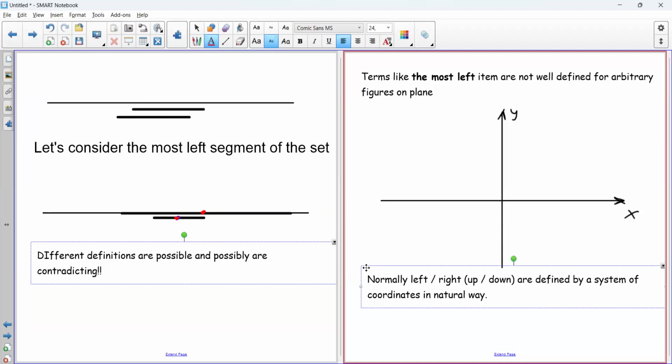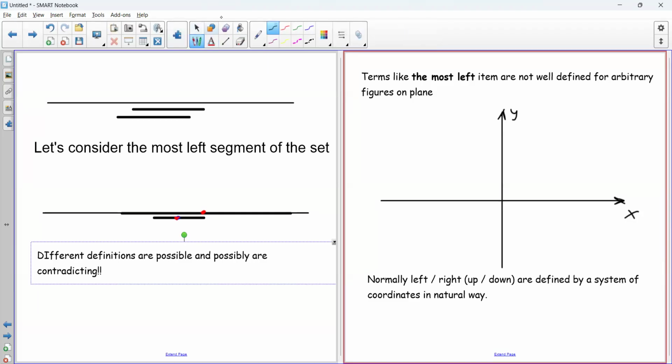So we literally say, okay, guys, let us have a system of coordinates here, or at least an x-axis. And then we say that with just the x-axis, it actually doesn't work quite well. Because what do we do next? We ask what is the most left point, because the thing would be well defined for points.